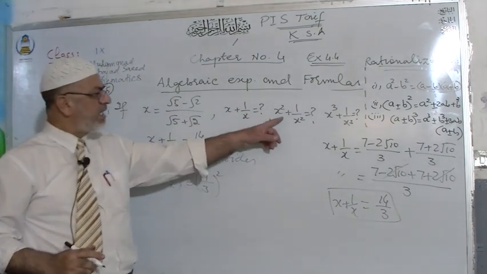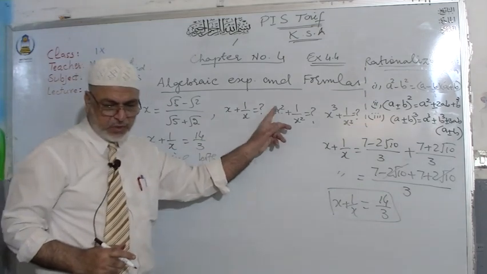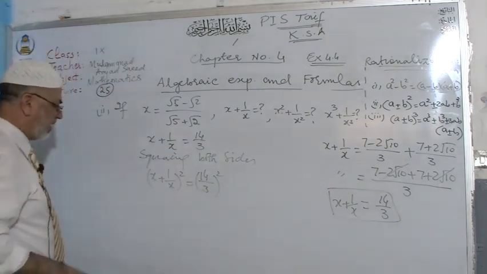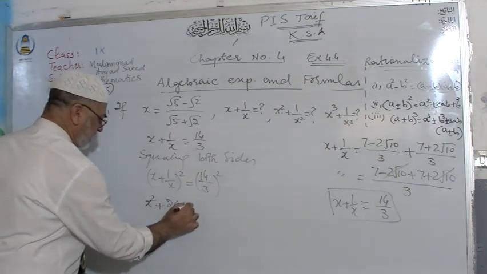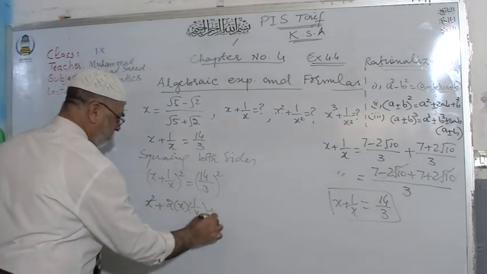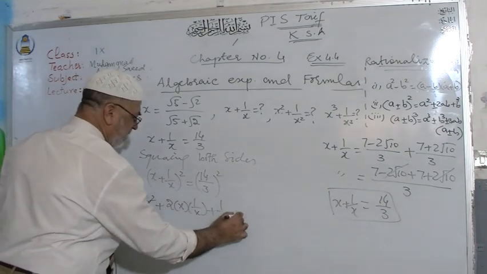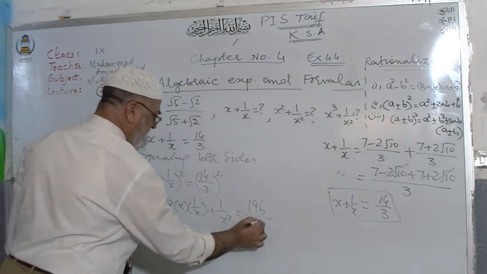Now this is x square plus 1 over x square, so you have to open up the formula. x square plus 2 into first into second plus second square is equal to 196 over 9.